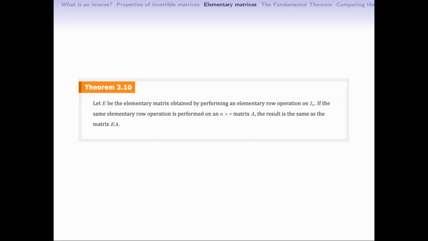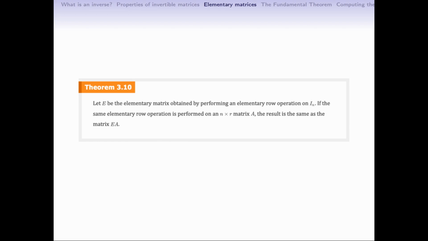Our next theorem, Theorem 3.10, contains a very important property of the elementary matrices. Let E be the elementary matrix obtained by performing an elementary row operation on an n by n identity matrix.